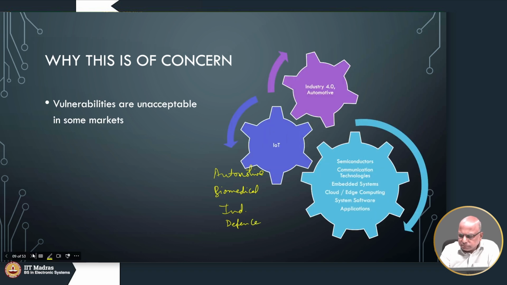We talk about industry 4.0, right? We talk about automotives which are self-driven, and today semiconductors are being used in so many places. So in a number of these places, such vulnerabilities will cause a lot of problems.